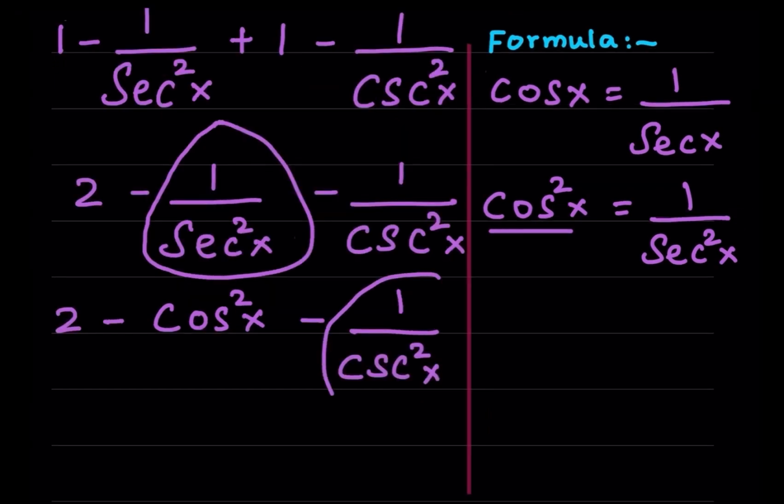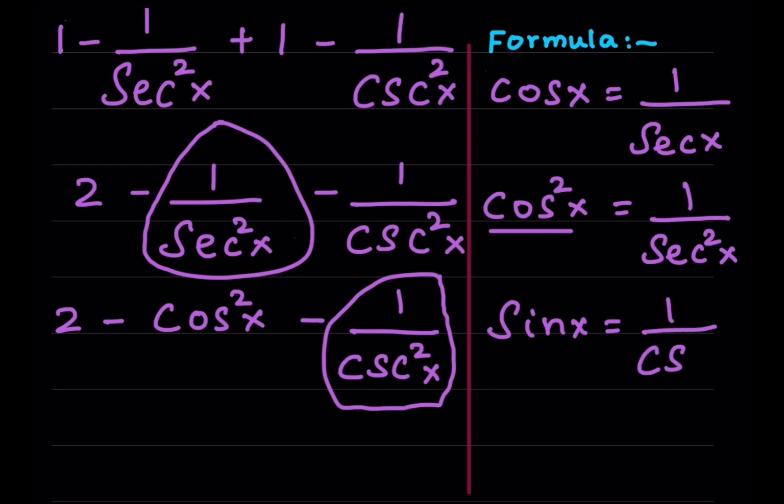Now I am going to do the same thing. I'm going to change 1 by cosecant square x by using the formula sin x is equal to 1 by cosecant x. We want 1 by cosecant square x, so sin square x is equal to 1 by cosecant square x.